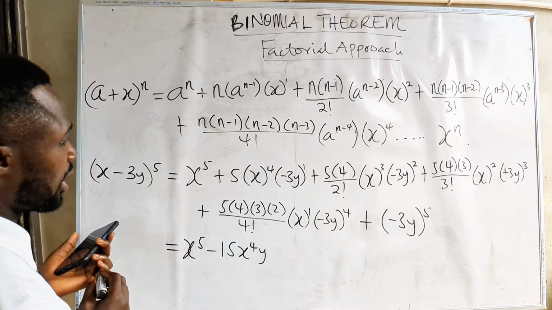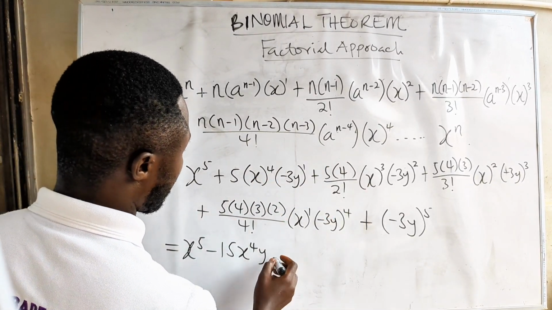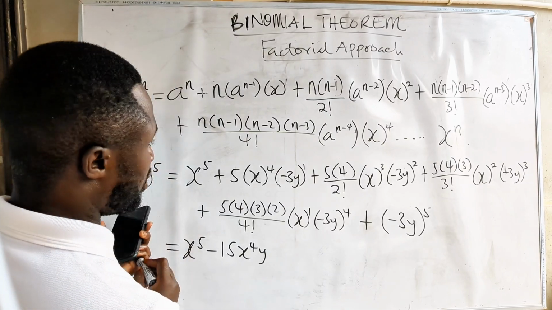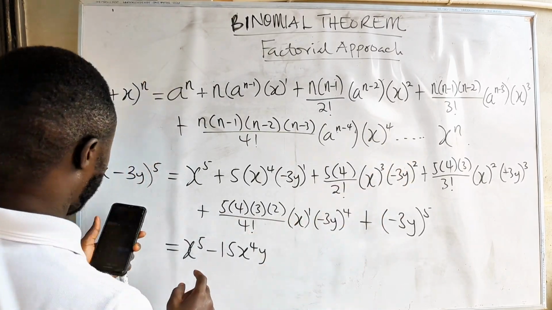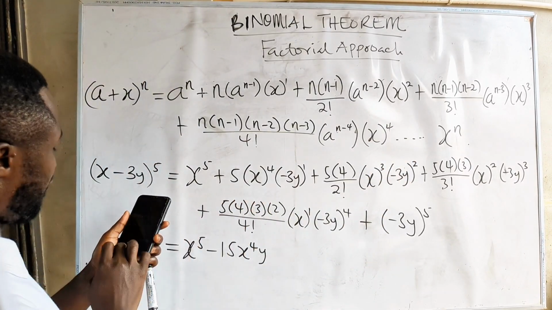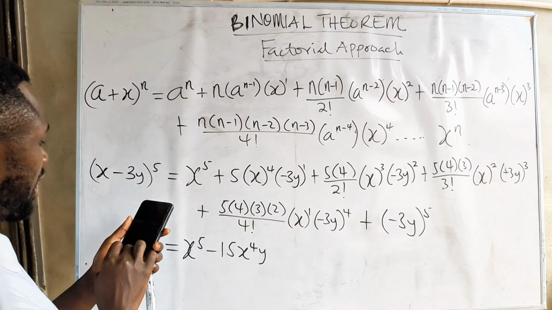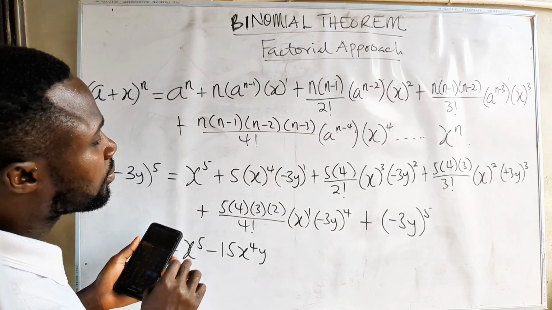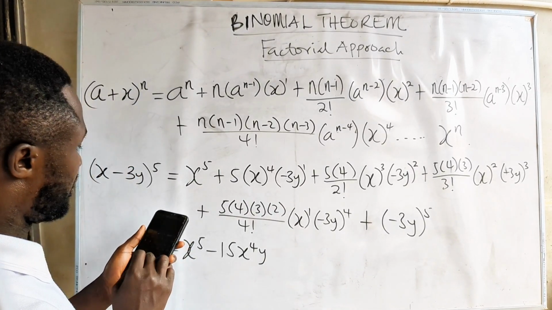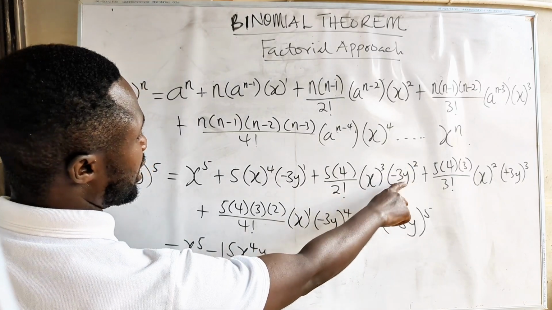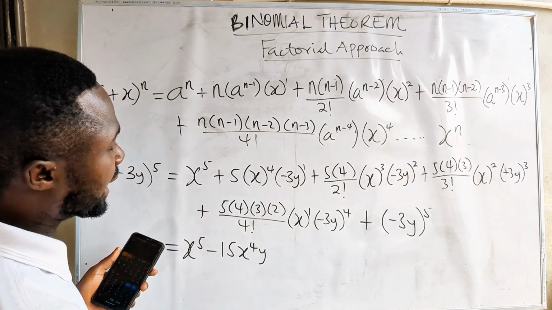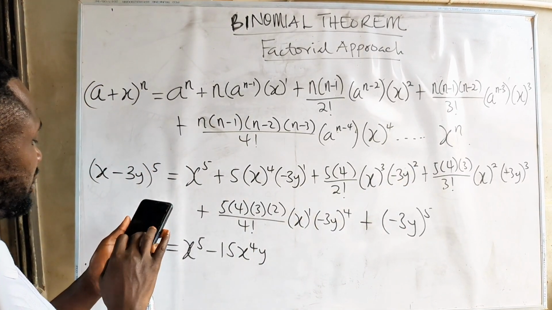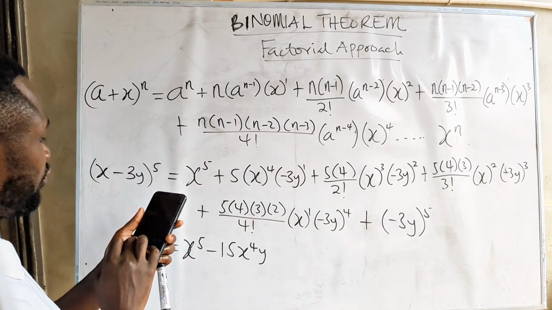Okay, so then let's go to this place. Okay, so here too, because we have a negative squared, we are going to get positive. So we have 5 times 4 times, this will give us what? Negative 3 squared, which is 9. Alright, 9 divided by 2 factorial.